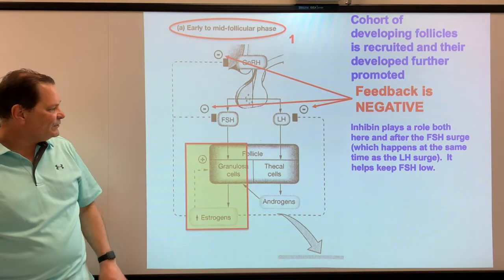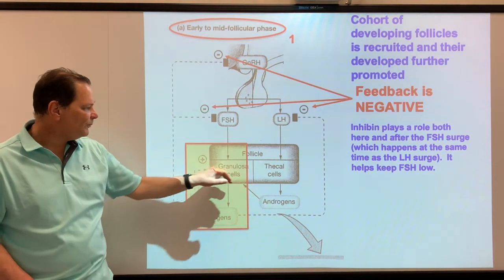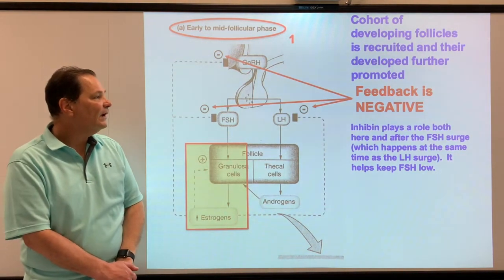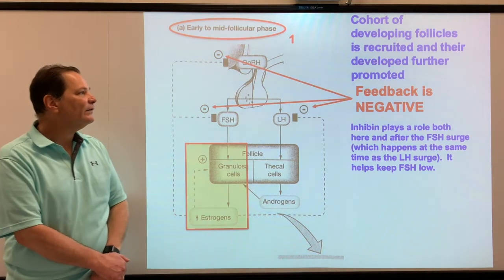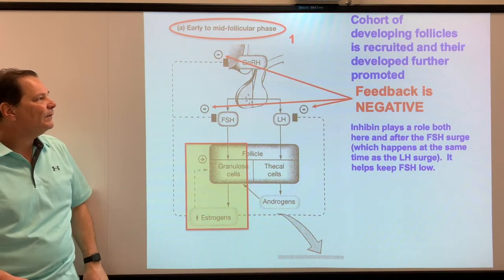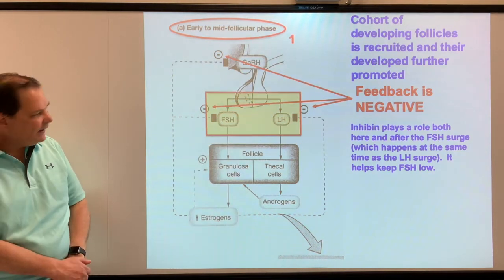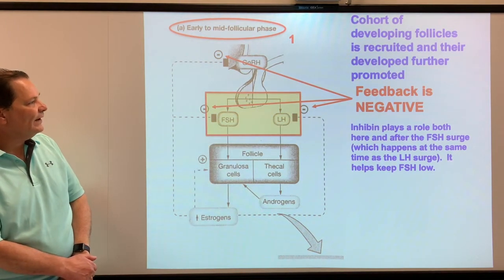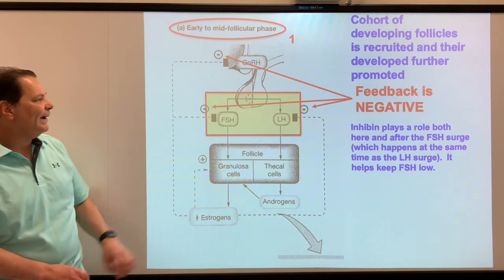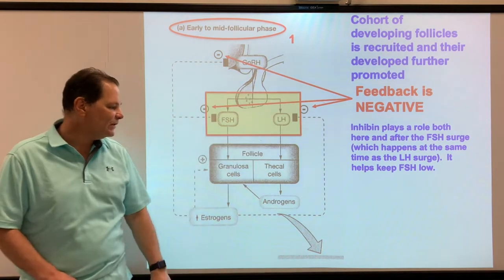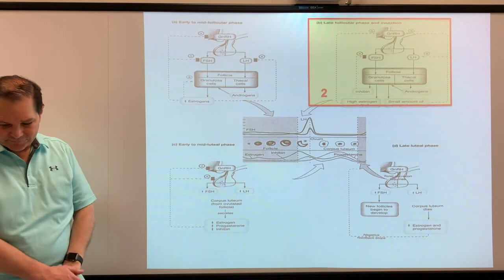Here, the estrogen has this positive feedback loop on and causes the production of more granulosa cells and the development of this follicle. And at the same time, recruitment is going on. And notice again, we have this negative feedback keeping the FSH and the LH under control during this phase, okay?